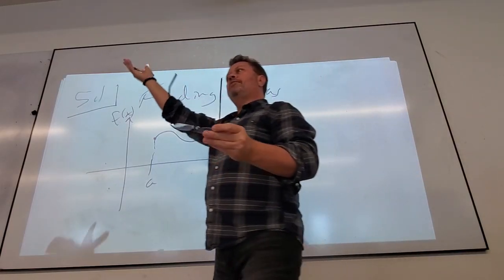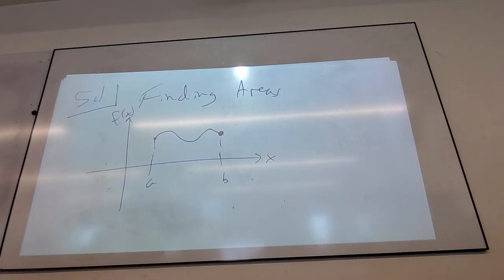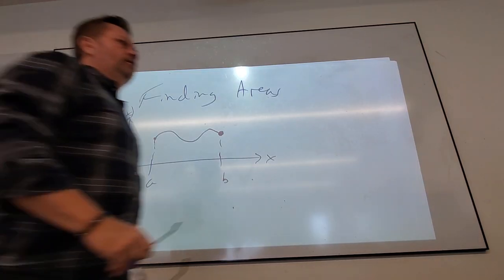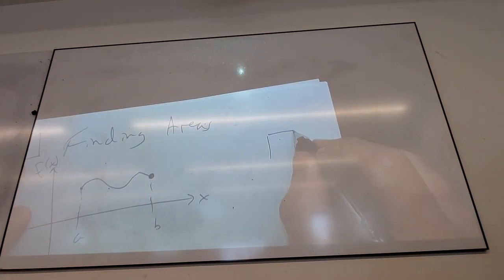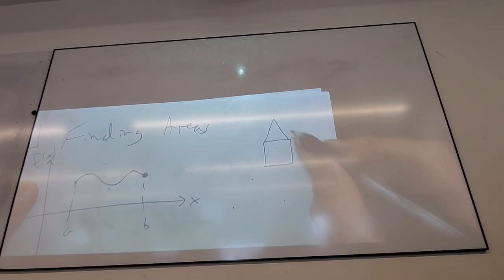Is that shape one that we know the area formula for? I didn't even tell you what f of x is, right? If f of x was constant, then it would just be a rectangle. And we're like, yay! If f of x is not constant, I don't know what this is, right? And just to remind you, if I had to find the area of this shape here, we don't have an area formula for this shape, do we?